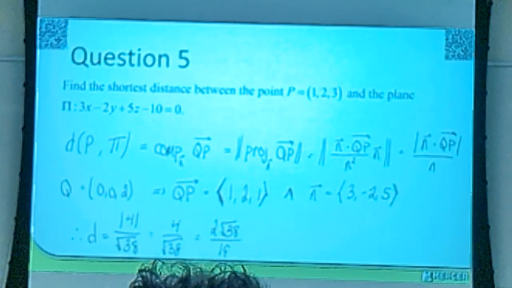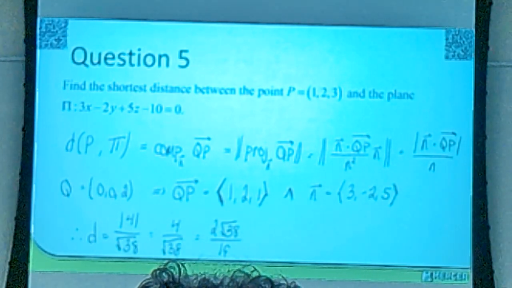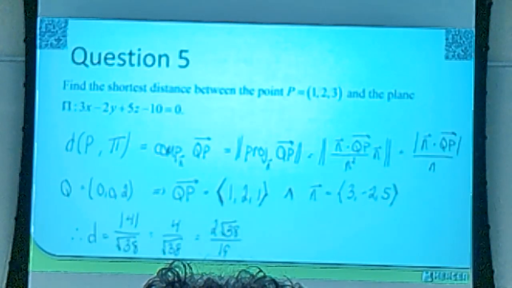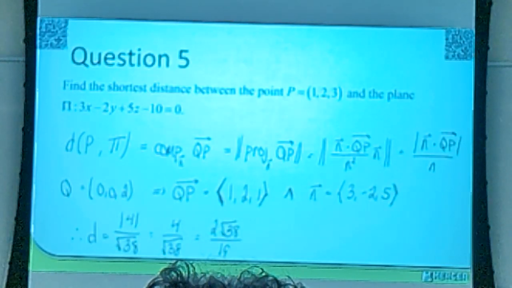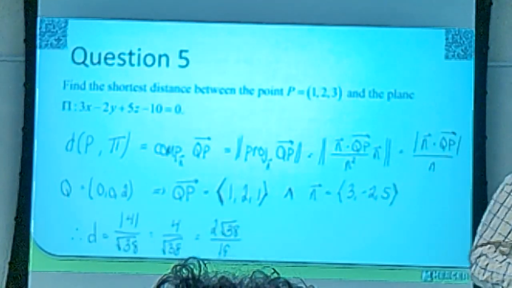Also, speaking of that, I meant to hand this out last week. It's a cheat sheet.